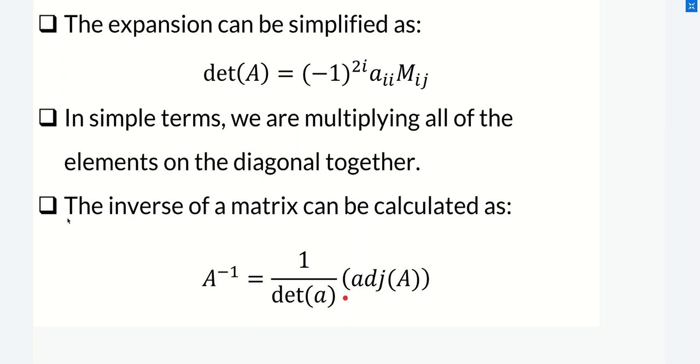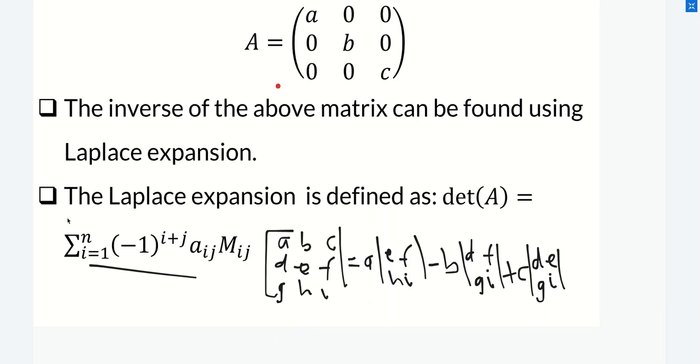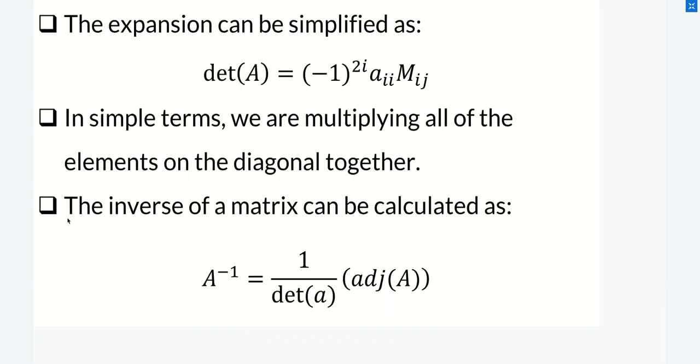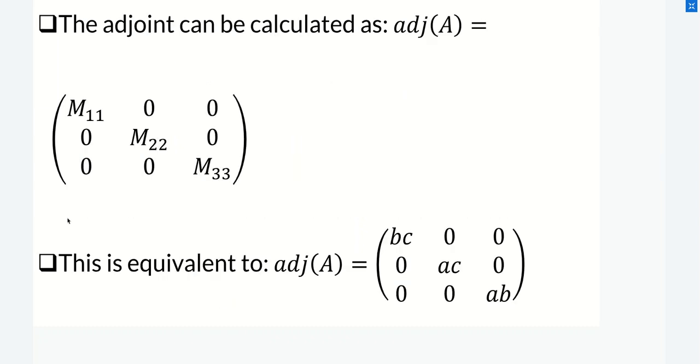So if we can put this in a diagonal form, that means we have it like this. The inverse, as we will see in the slides that will be coming, is much faster and quicker than going through all this stress, because once you get the determinant, we also have to determine the adjoint before we can find the inverse.